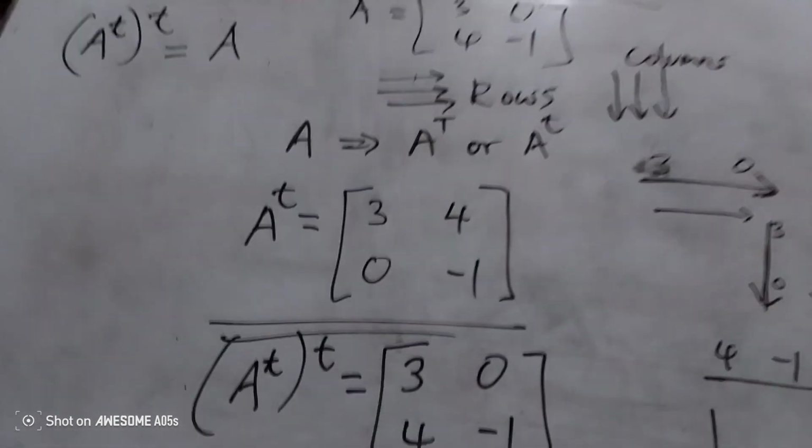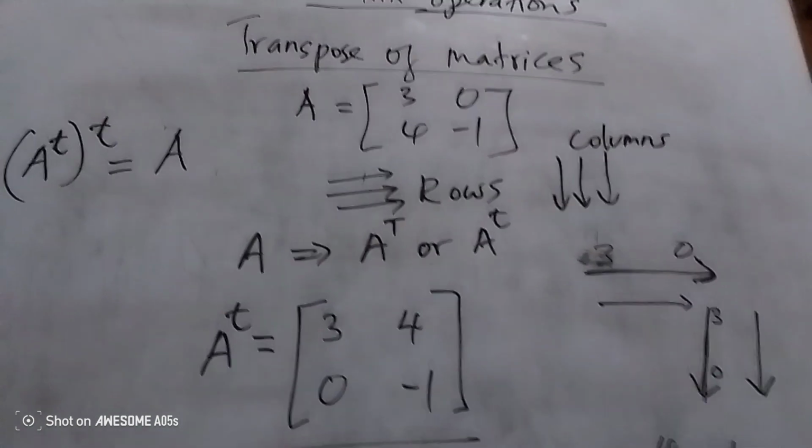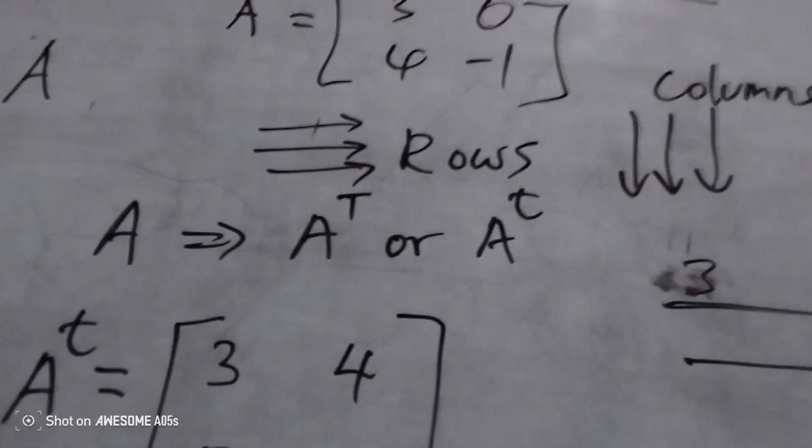So you can see that transposing a transposed matrix gets you back to the original matrix. It simply means you are getting back the original matrix.